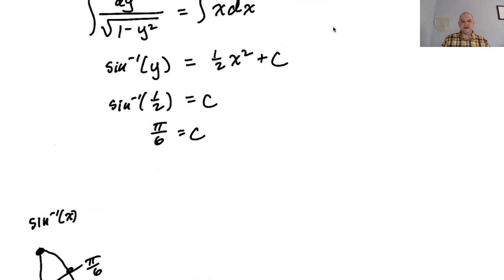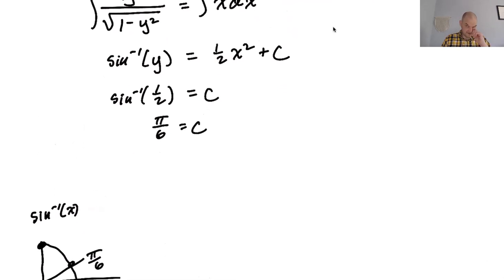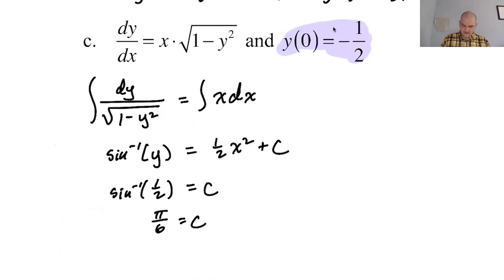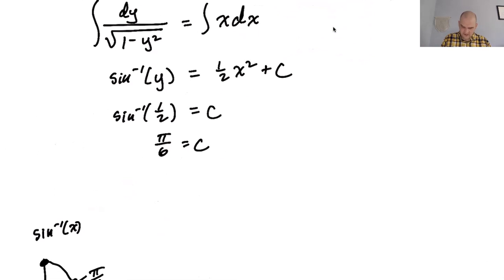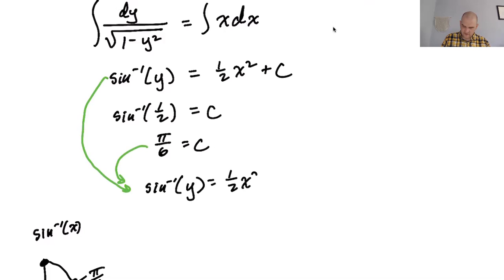All right, so how much work are we doing on this? I don't really know. There were no real restrictions initially, so I don't really need to worry about that much. So we're going from here to here and here, both feed into this. And so we'll have the sine inverse of y is 1/2 x squared plus pi over 6.